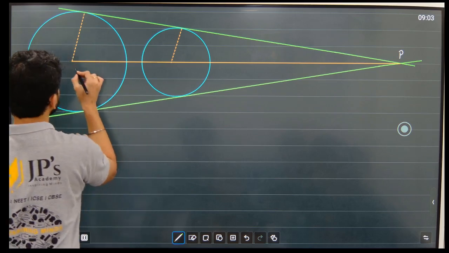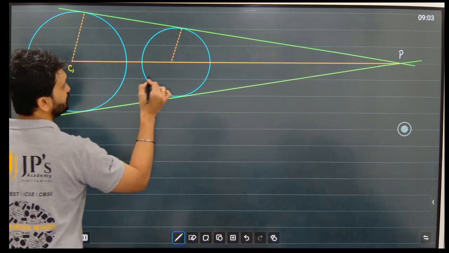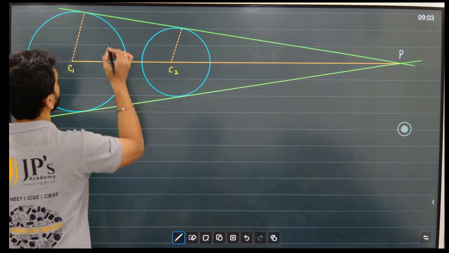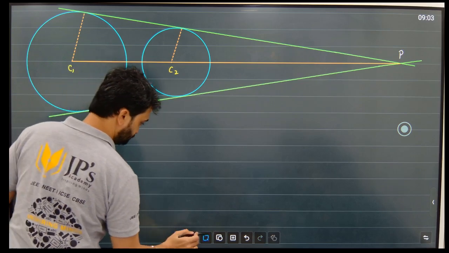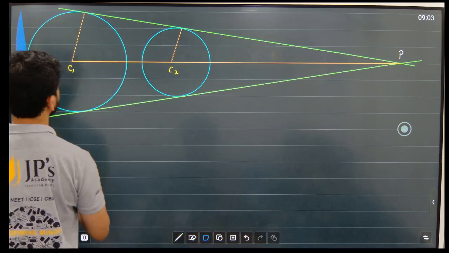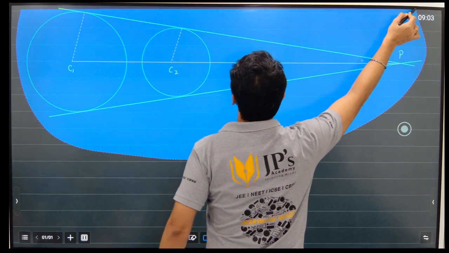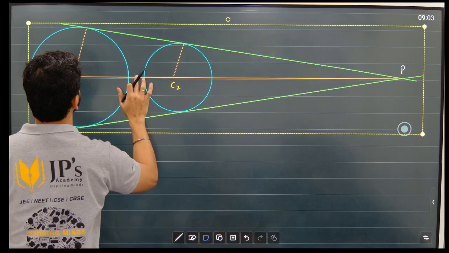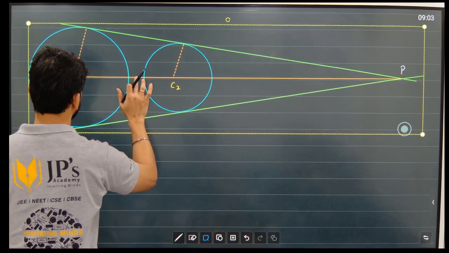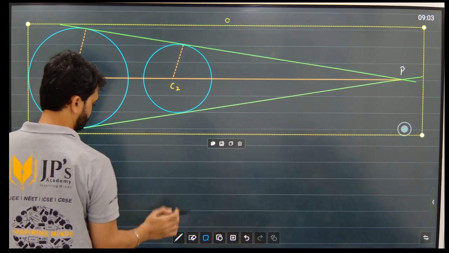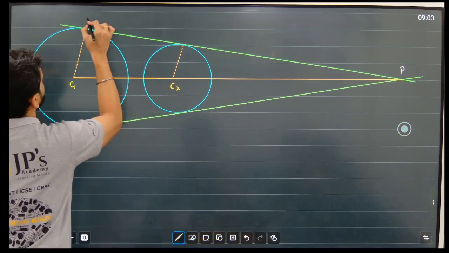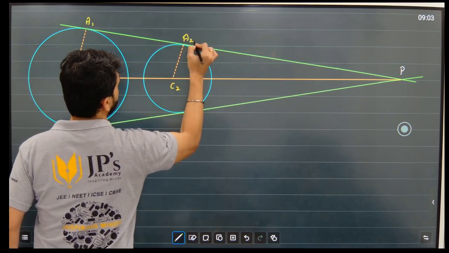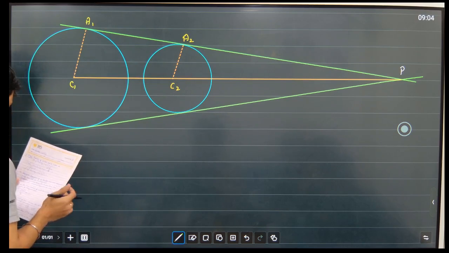This is your center C1. This is your center C2. It touches at A1 and A2.